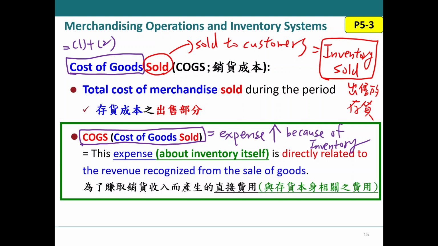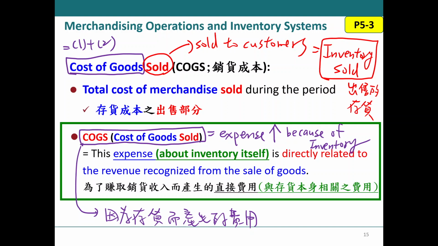Only about inventory, only because of inventory that made your expenses incurred.